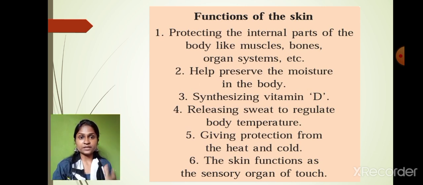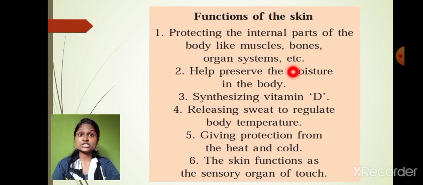Now you must be thinking, why is skin very important? There must be certain functions of the skin. Am I right? Yeah, absolutely. As you can see, there are a number of functions of the skin in our body. So what are they? The first function of the skin is protecting the internal parts of the body like muscles, bones and the organ systems.